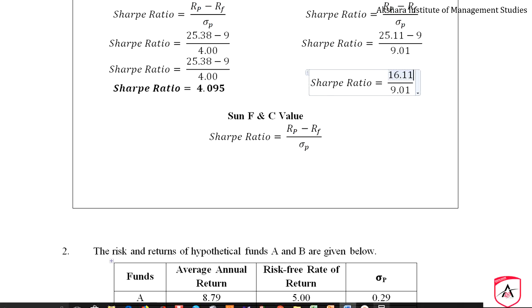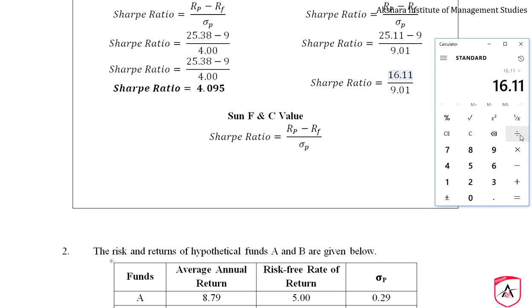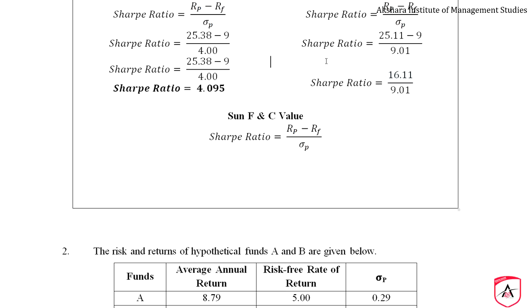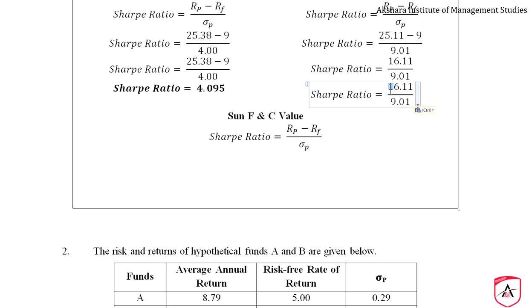Now 16.11 divided by 9.01 equals 1.788. The answer is 1.788.